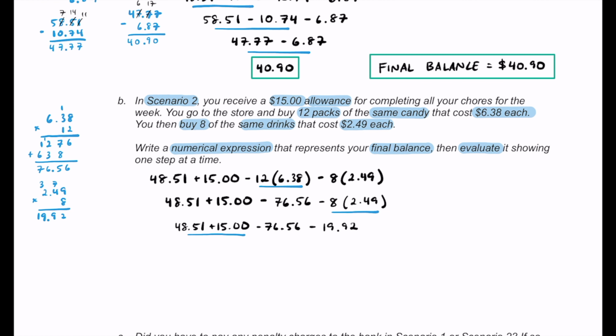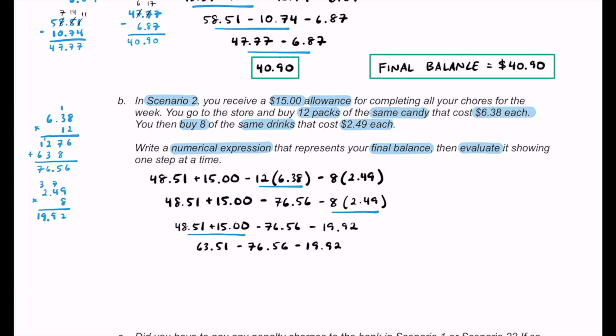So this $48.51 adding $15, that's going to be, let's see, add 10 and then add 5, I guess I can do. That's going to be $63.51. Feel free to pause and write that out if you need to. We're going to take away $76.56 for the candy, and then take away $19.92 for the drinks.